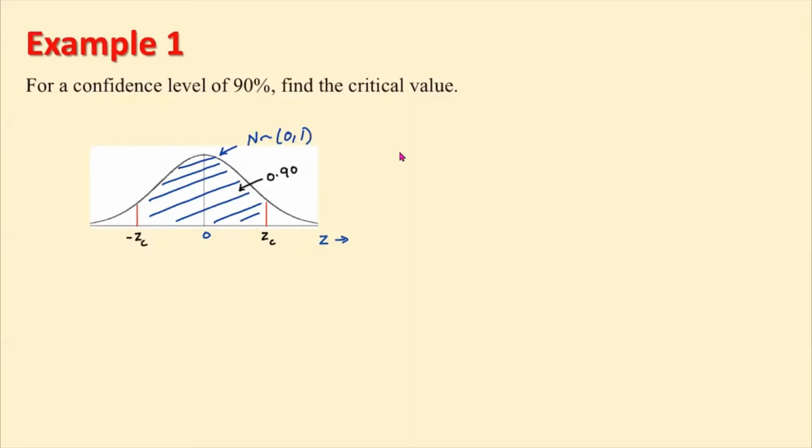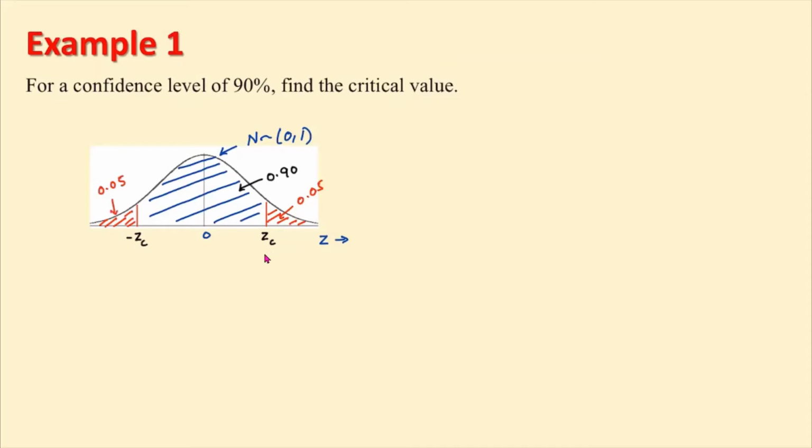Because we have 90% area in the middle, the remaining 10% is distributed evenly on the two tails. On the right tail we have 5% area, so this is 0.05, and also on the left tail we have 5% area, or 0.05.